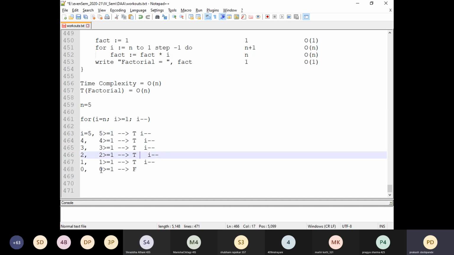Apart from that, the condition has resulted in a false value. How many times? Once. So totally I can say this particular condition has executed how many times? 5 plus 1, that is n plus 1 times. That's why we get n plus 1 here.